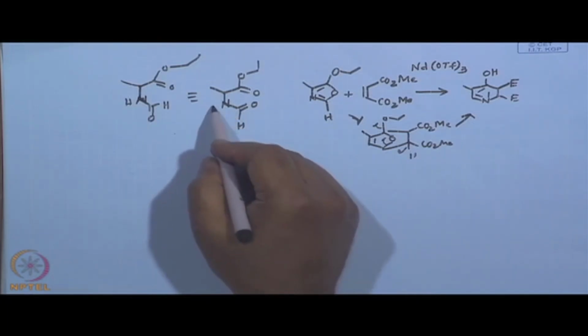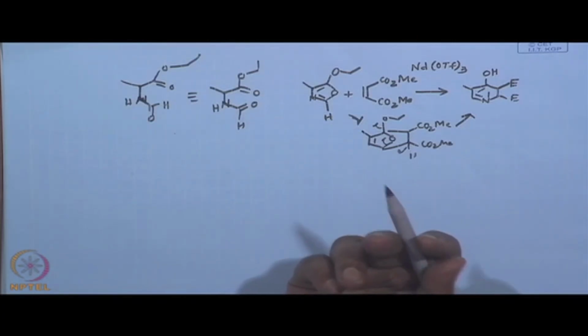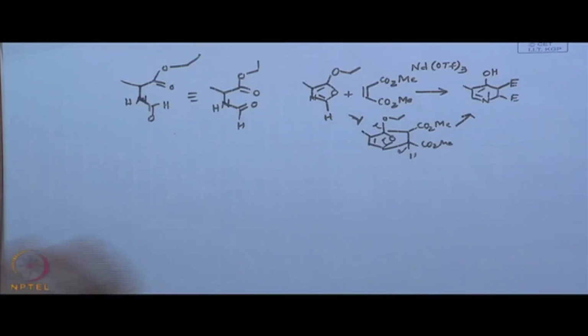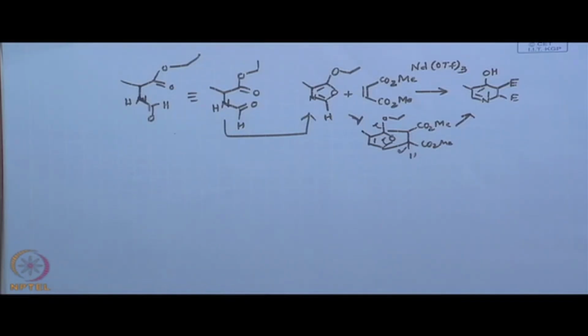So, that means an N-formylated amino acid. So, all these alpha amino acids can be converted into the corresponding oxazole. And how do you do it? If it is hydrolytic cleavage, how do you do it? So, the reverse of hydrolytic cleavage is dehydrative cyclocondensation.